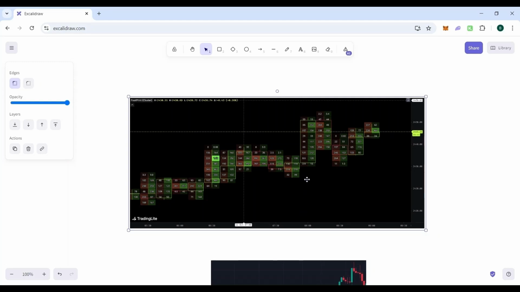But in order for you to easily understand the working principles of the footprint chart, I think we should first try to understand another function, the order book, before we get back to the footprint chart. Okay, so let's take a look at the order book first.